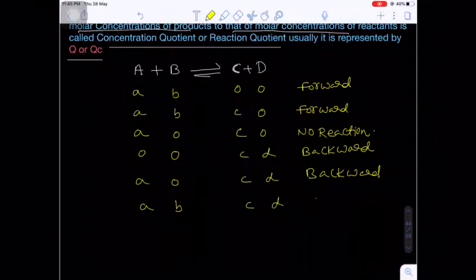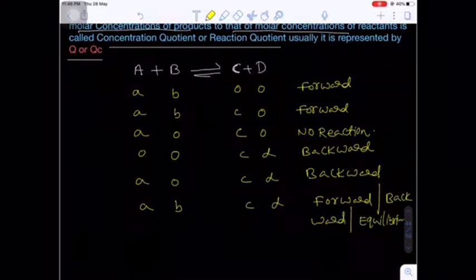Then the reaction may occur in the forward direction or backward direction, or the reaction exists in equilibrium. These are the possibilities I am writing here. Okay, now here, how to predict the direction of the reaction?